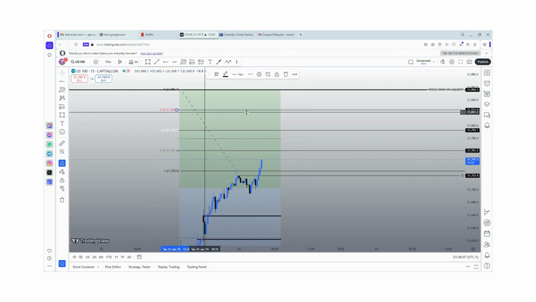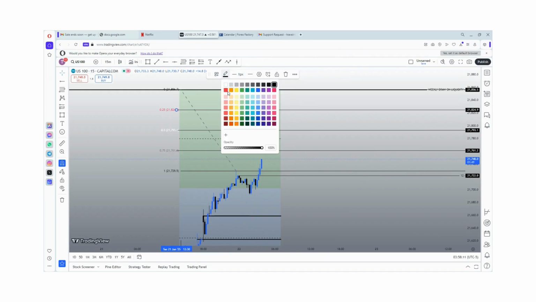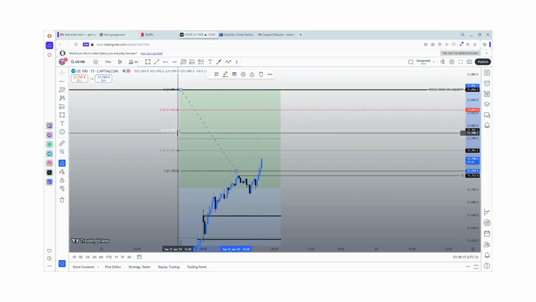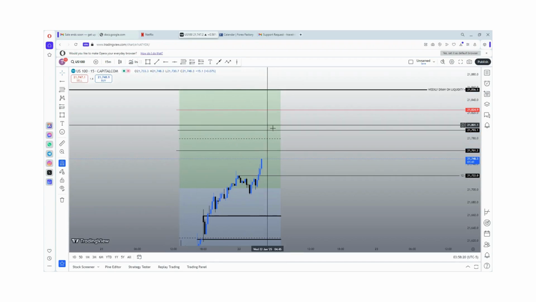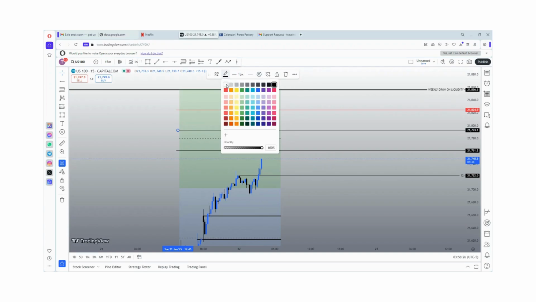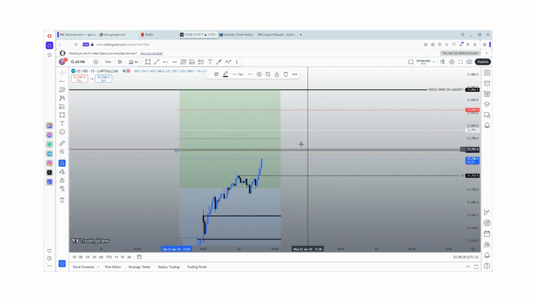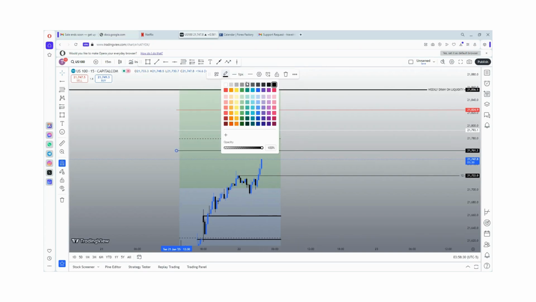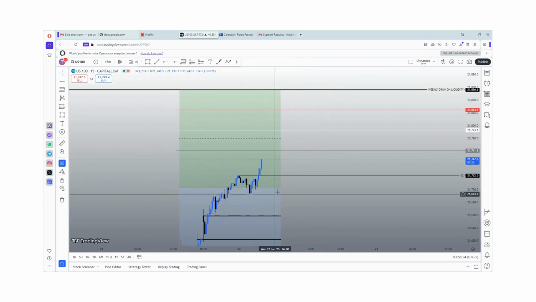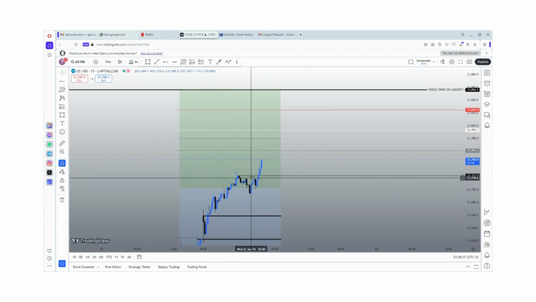Okay, so I can make this red, I make this white, this line, not this fib. I don't need this fib anymore right now. I can make this white, and I can make this ash color. So the color tells me what is happening.